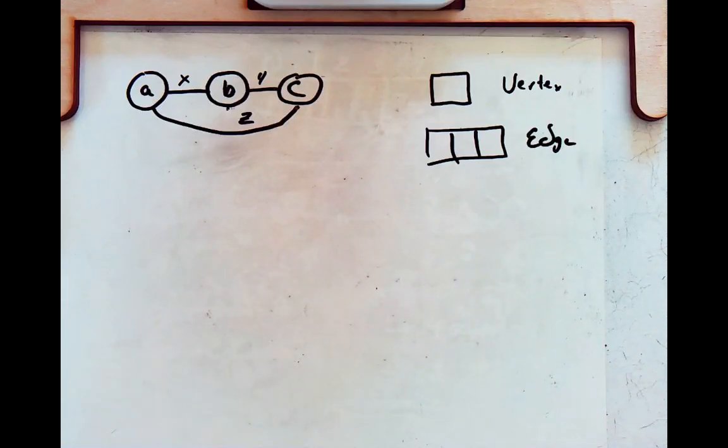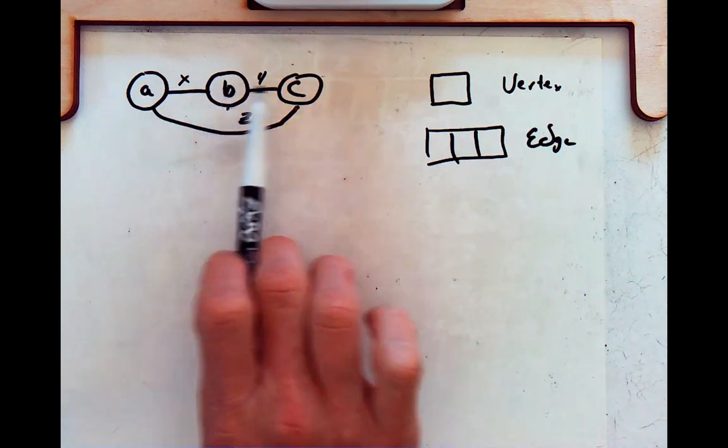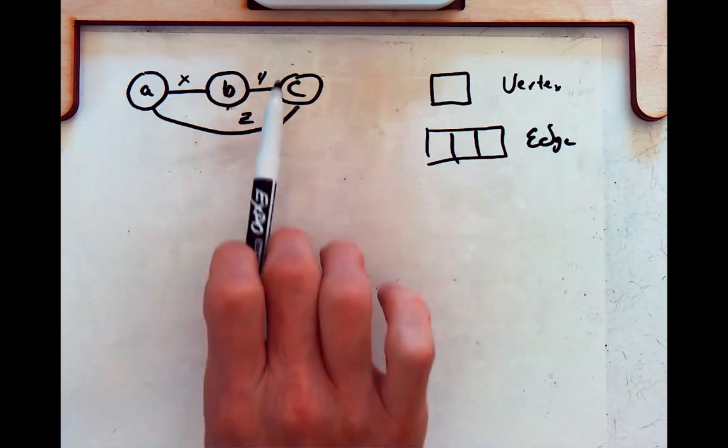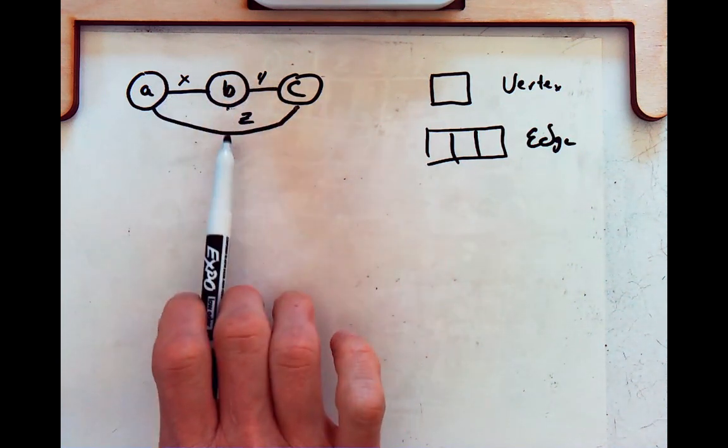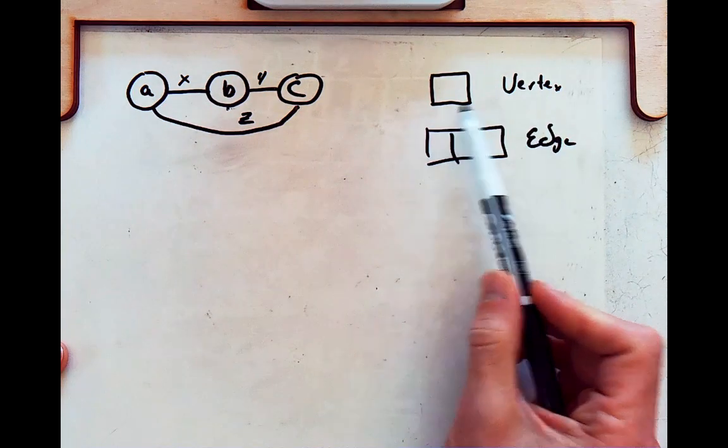Okay, so I want to work through an example to give some sense of how this is actually going to behave. So I've drawn out a little graph here, and I've put some labels on it. So it's got three vertices, A, B, and C, and it's got a total of three different edges, X, Y, and Z, and this happens to be an undirected graph. So I want to think a lot about how this graph data structure, this edge list, would actually work. In order to do that, I'm going to use some notation.